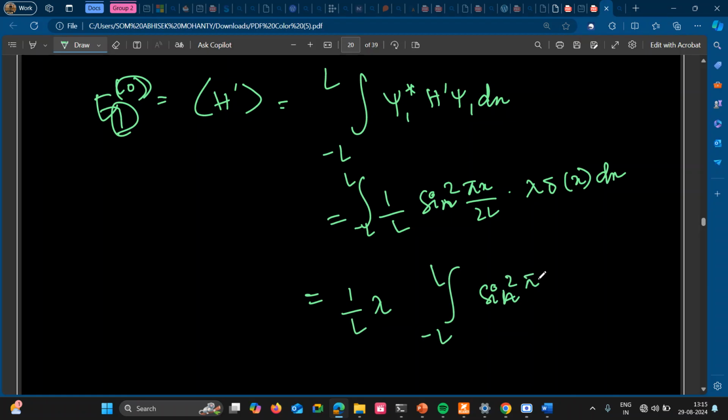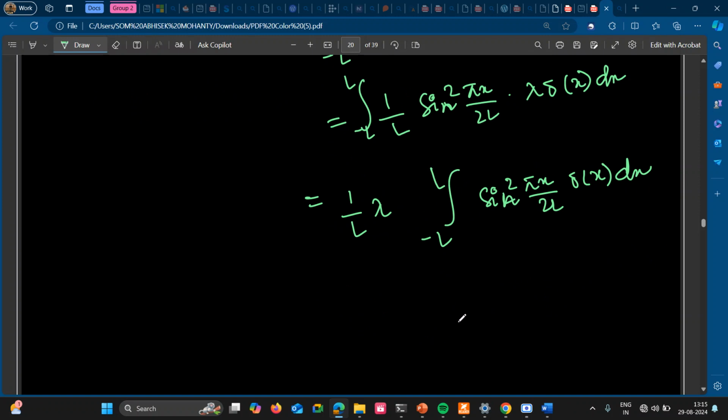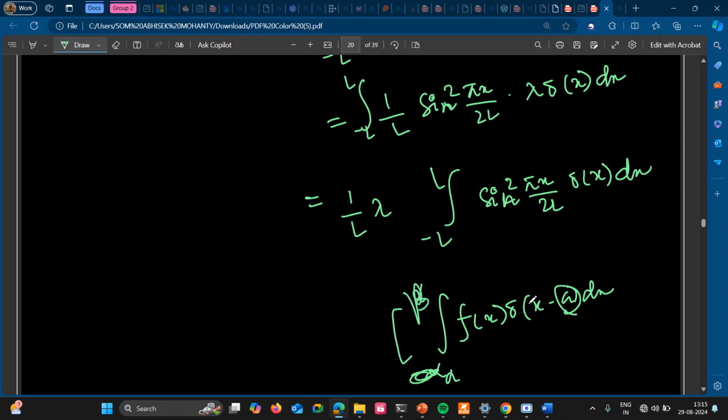Very easy integration. Whenever a delta function comes in, the integration becomes easy, because the definition of the delta function is the integral of f x delta x minus a dx. If a lies between alpha and beta, then this a is put directly in f x, and the solution will be f of a.